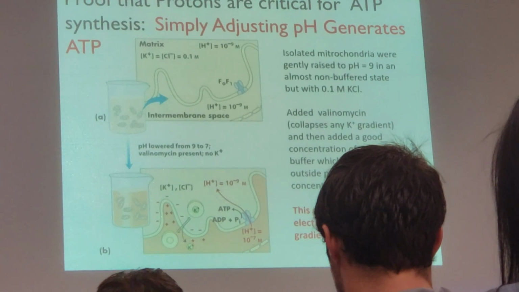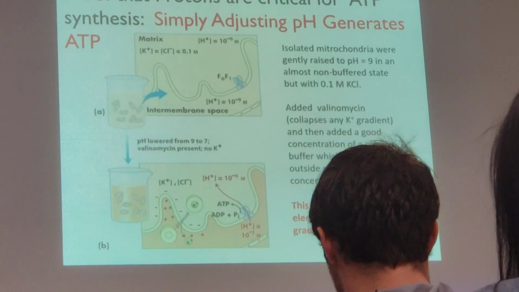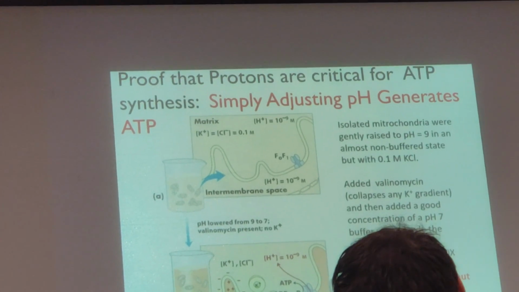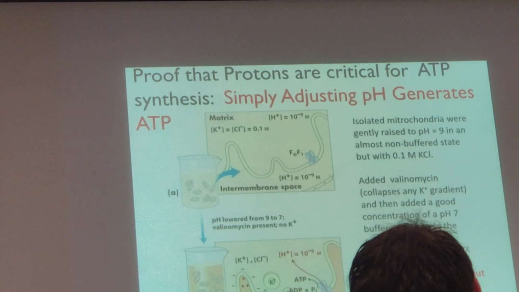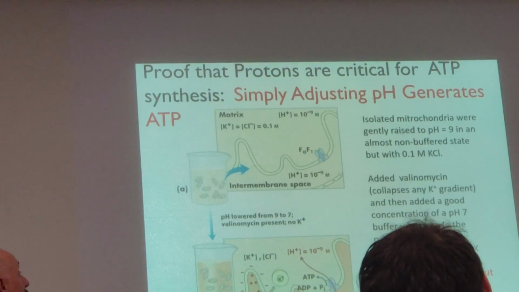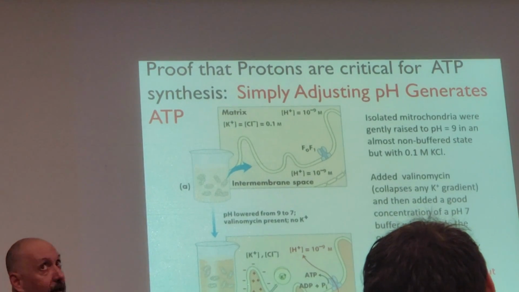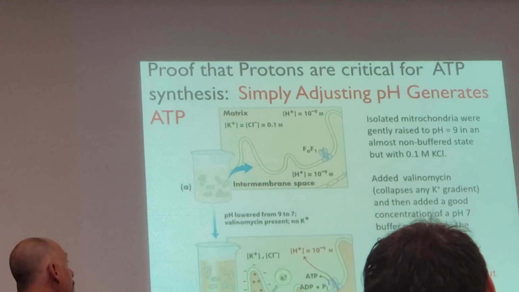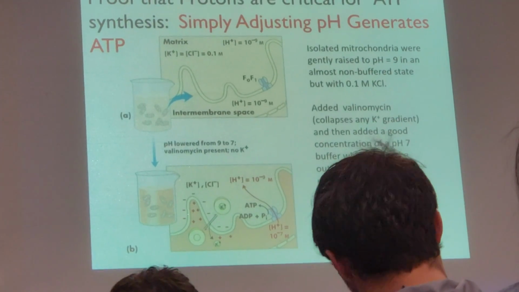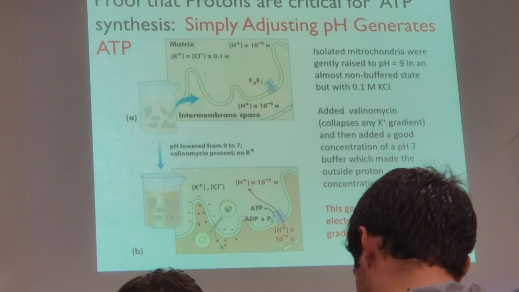What they did, there's a way to actually isolate mitochondria from cells. You can lyse cells open, keep mitochondria intact, and then use differential centrifugation to just get the mitochondria. And the mitochondria is really what you want, in terms of if you want to study ATPase, you can get rid of all these other cellular components. So what someone did was isolate the mitochondria.